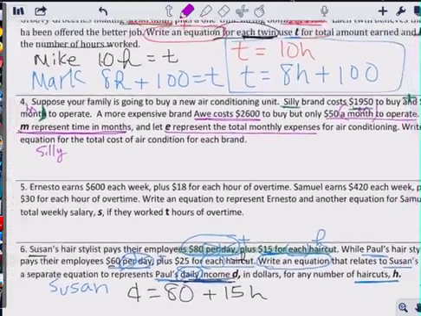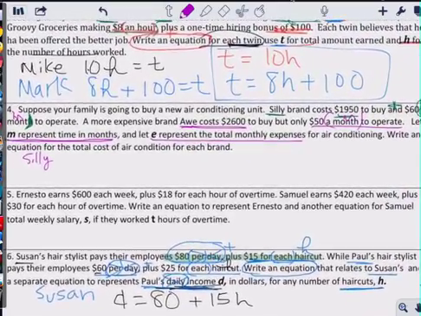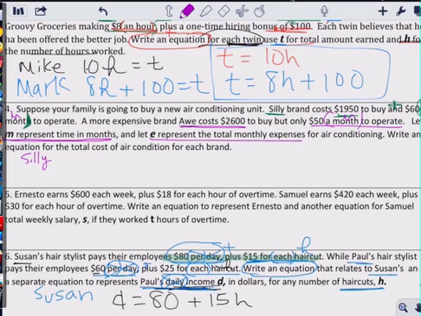So, let's see, Silly is $1,950 cost and $60 a month, so M for months, to operate. You add those two together, depending on how many months there are, you get the monthly expense, E for expense.